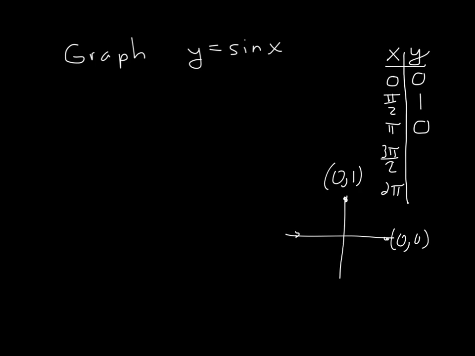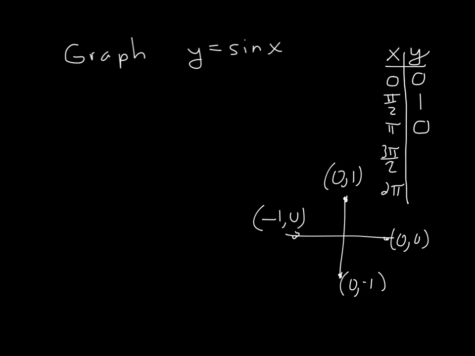This is the point -1, 0, and this is the point 0, -1. The graph we're doing right now is just sine. I'm focusing on sine, and sine is the y value at these locations. This is the angle 0, right? This is pi over 2. This is pi. This is 3 pi over 2, and this is back to 2 pi. So those are the points I'm plugging in here.